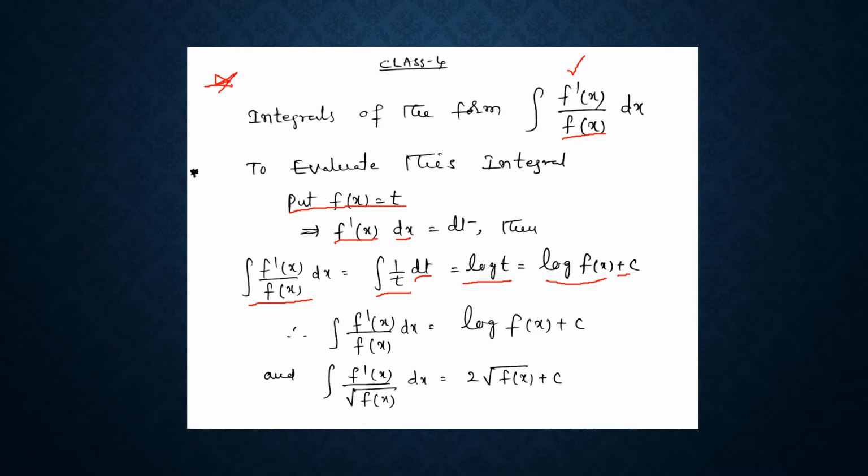So we can directly apply this in any problem if we find the given integrand is in the form of f dash x by f of x dx, that is equal to log f of x plus c. And also if it is in the form of integral f dash x by root f of x dx, it is equal to 2 root f of x plus c.